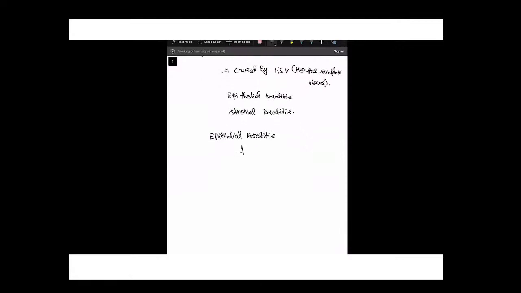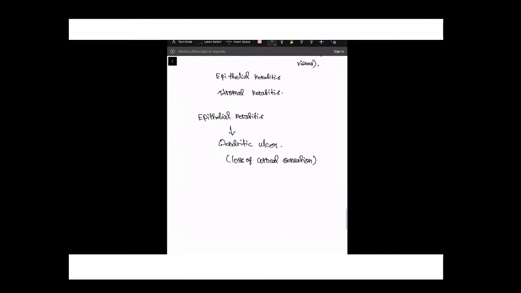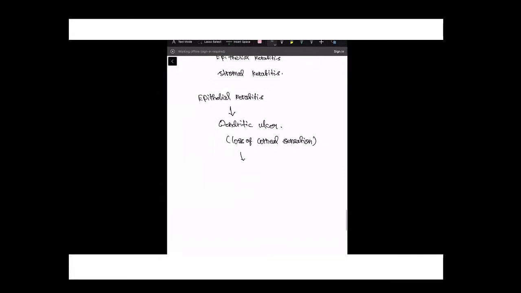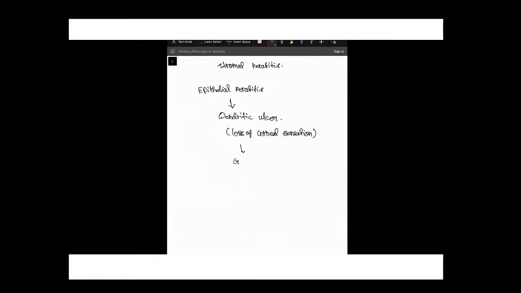We have the important question: dendritic ulcer. In dendritic ulcer, there is loss of corneal sensation, and this dendritic ulcer can complicate to a geographical ulcer.